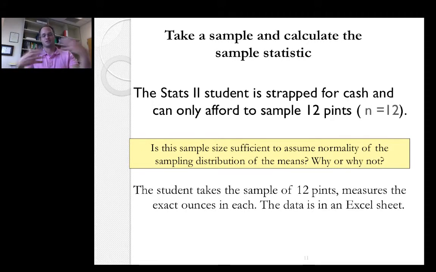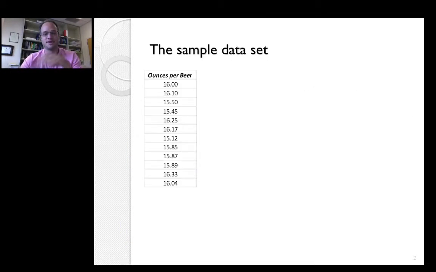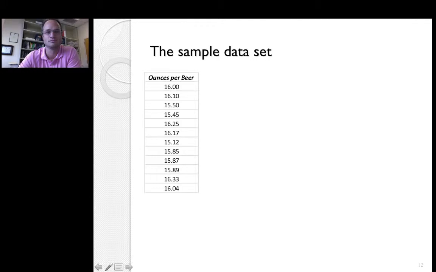So the student takes the 12 pints, here they are, legitimate pints of beer, measures the exact ounces in each, and this data is listed in a column in Excel. All right, so this is our data set. These are the 12 ounces of beer.